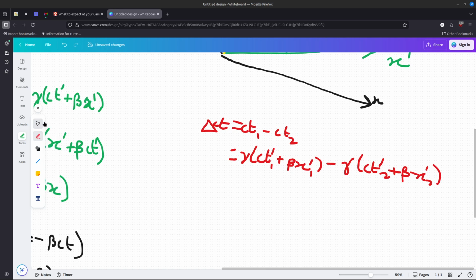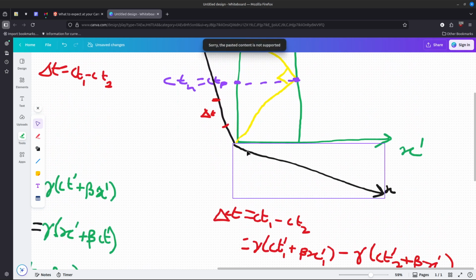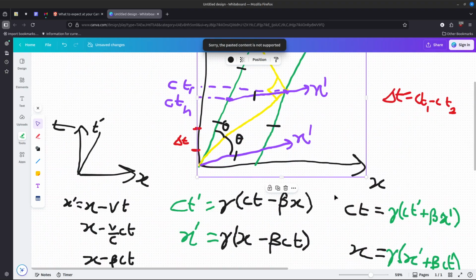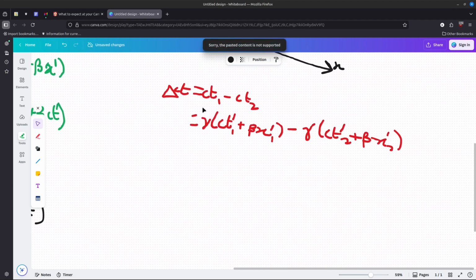Now, because this time interval is occurring at the same x position, because it's just a regular time interval, these are going to end up being the same distance, same position.